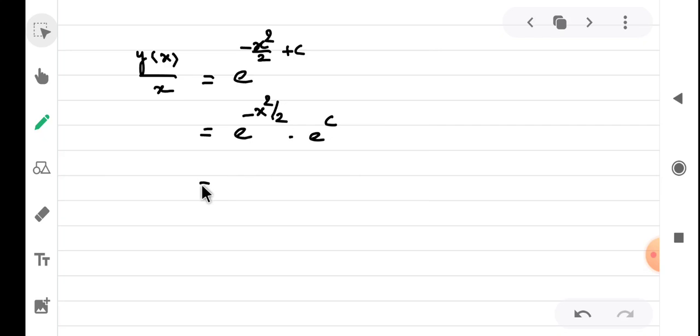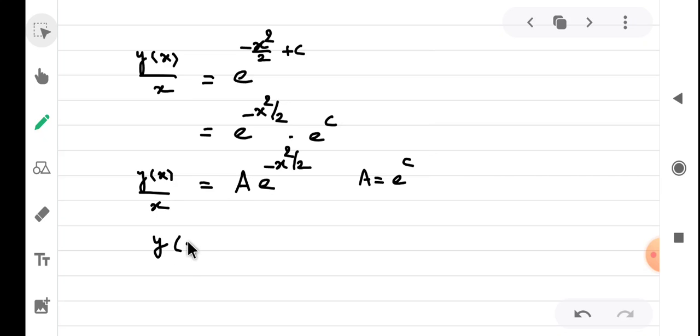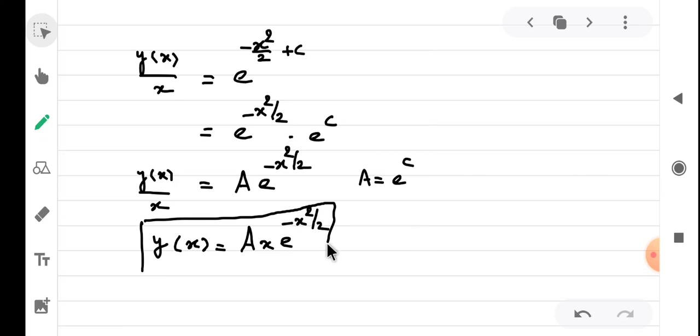Here e power c is some other constant, a, where a equals e power c. So from this I'll get y of x is equal to a times x into e power minus x square divided by 2.